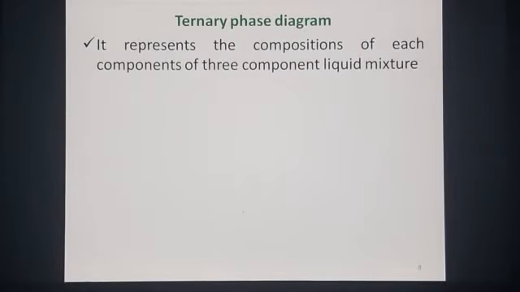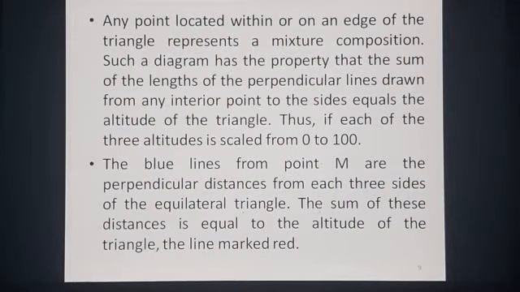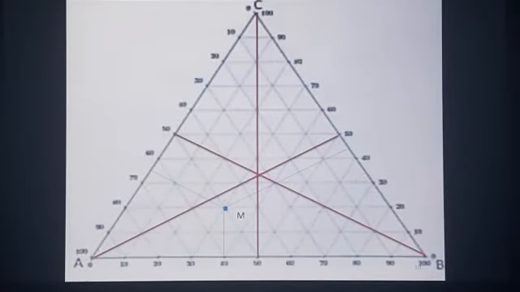When we come to the ternary phase diagram, it is designed to represent the composition of a three-component liquid mixture. An equilateral triangle is the most common, and it comes from the idea that if you take any point inside an equilateral triangle and sum up the perpendicular distances from each side of the triangle, it will give us the altitude of the triangle, which in this case is the 100% composition of the mixture.